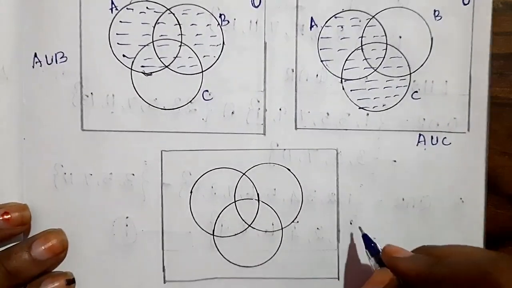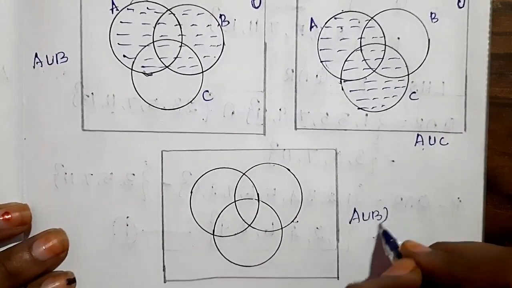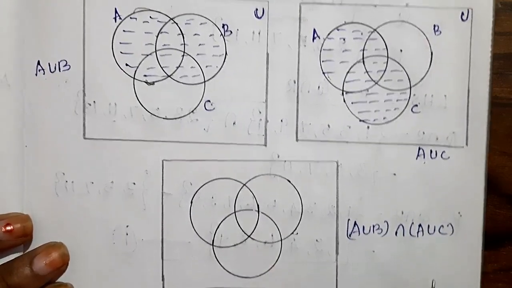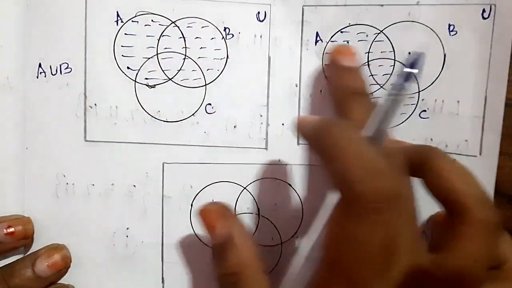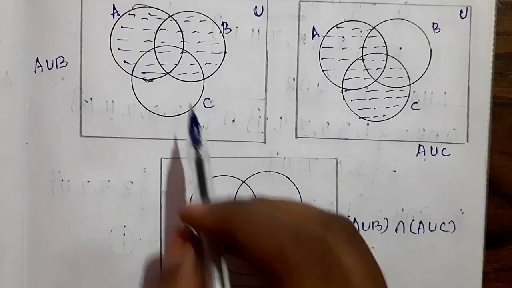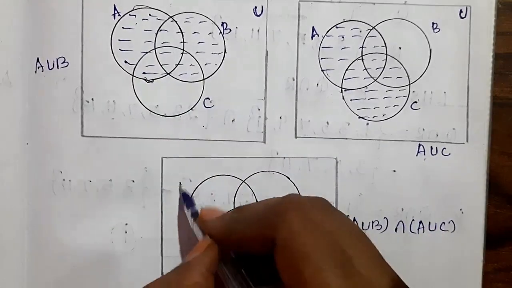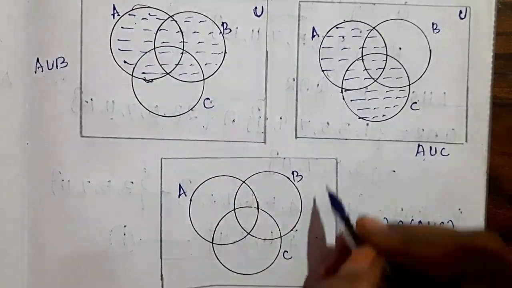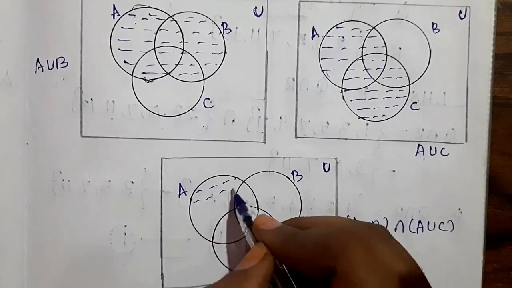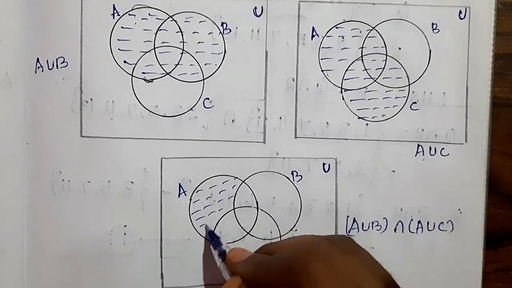So this is the Venn diagram for A union B intersection A union C. So see, it is A union B, it is A union C. Intersection means common. So what are the parts that are common? So first this part is common. A, B, C universal set. So A part is common.